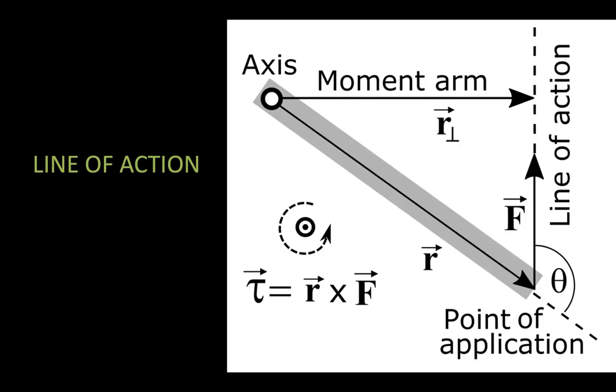It's equal to the cross product of the R length cross the F, the force. Basically we're saying that that is equal to the magnitude of the force times R times sine theta. And in other words, it's F times R perpendicular. So that's an alternative way of understanding that.